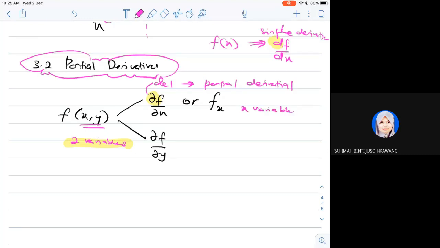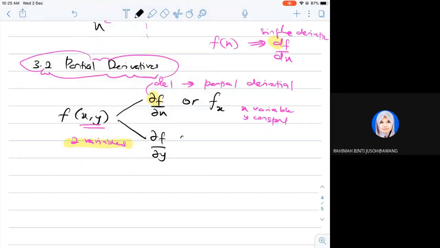When we differentiate with respect to x, y becomes the constant. In other words, if we differentiate with respect to x, x is the variable and the other parameters become constants. You just assume that y is a number.